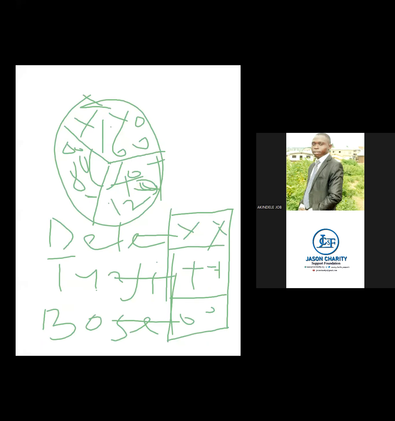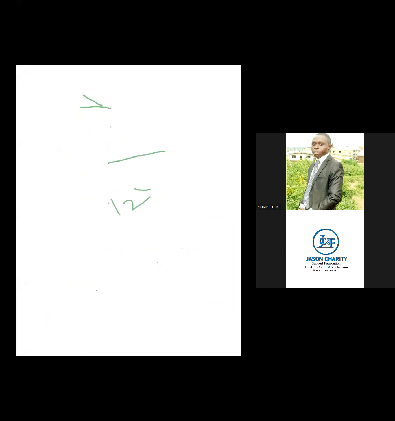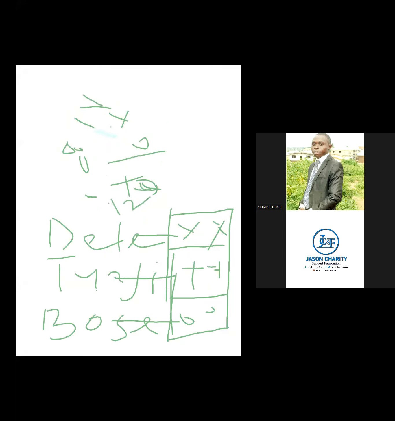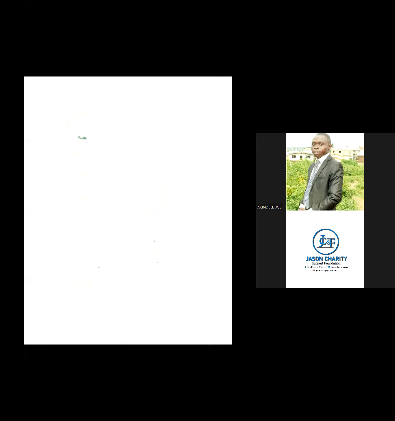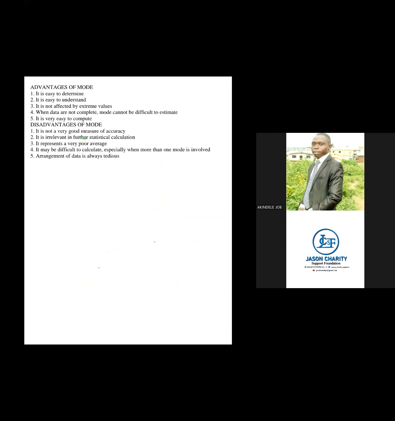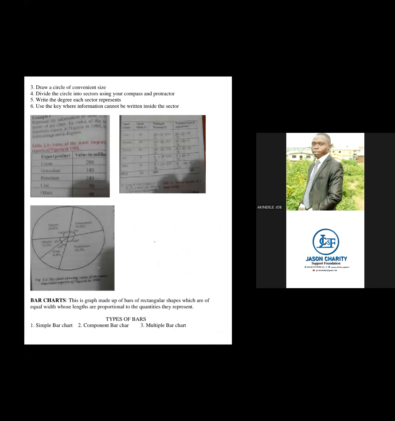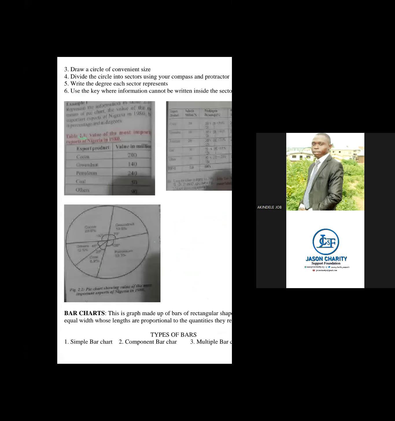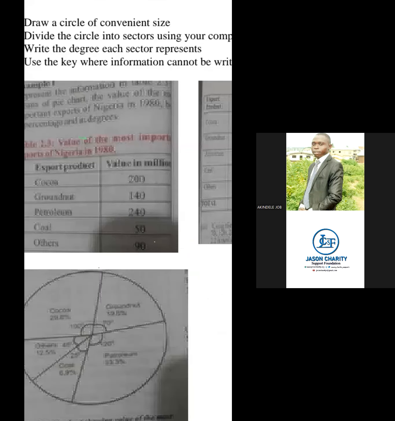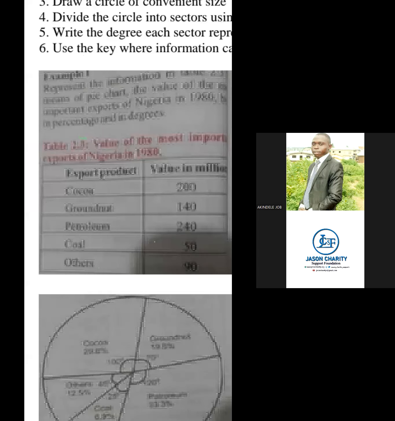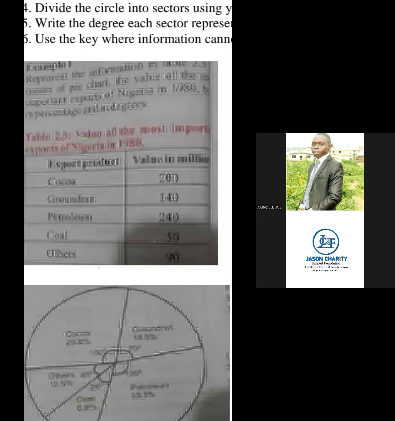So that is how to construct a pie chart. Very straightforward and very interesting. I believe that one is clear. Now, if you look at this, it is talking about the value of the most important export groups. We have cocoa, groundnut, and so on.